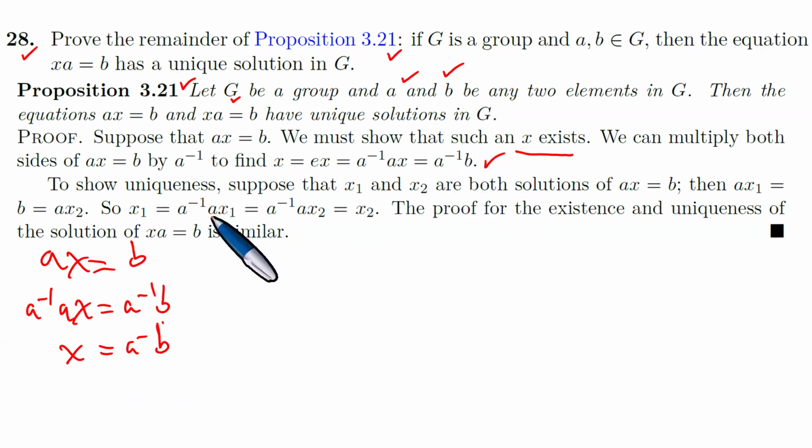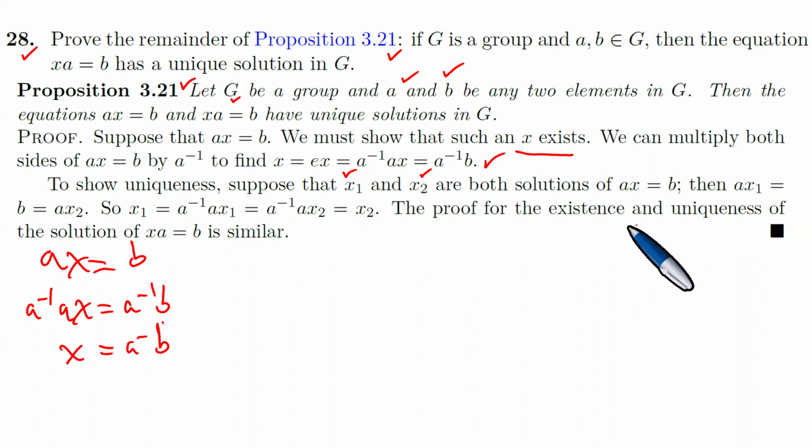But to show uniqueness, suppose that X1 and X2 are both solutions of AX equals B. In other words, we must show there's only one solution, but we suppose that there are two solutions. Then AX1 is B, but also AX2 is B, so that now we are able to get X1 equals X2.